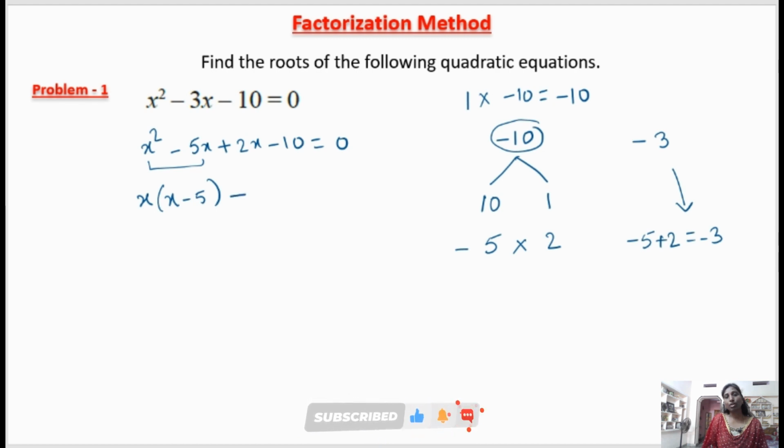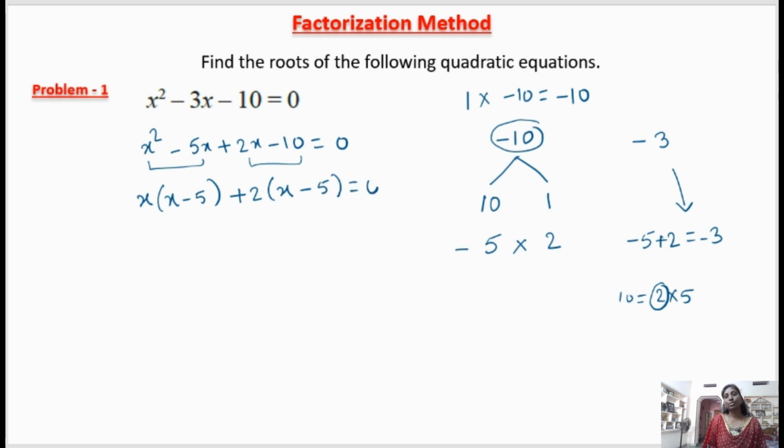Now what is common in the other two terms? Here 2 is common, because 10 can be written as 2 into 5. So 2 is common, x will be left over, minus 5 will be left over, is equal to 0.